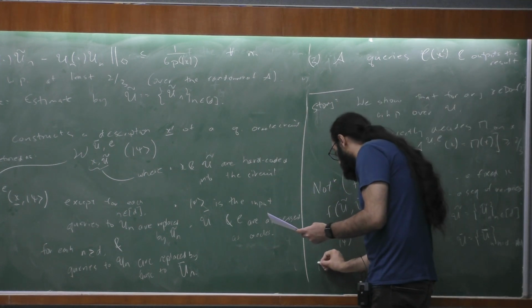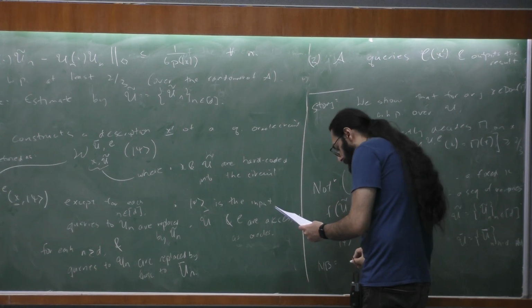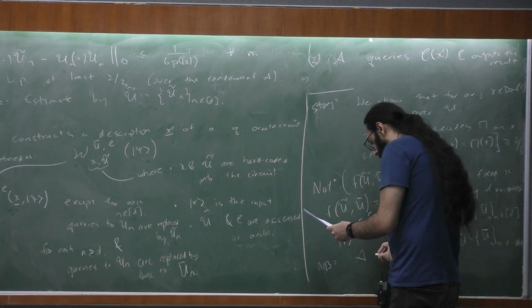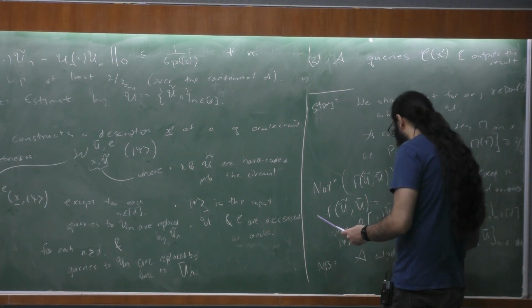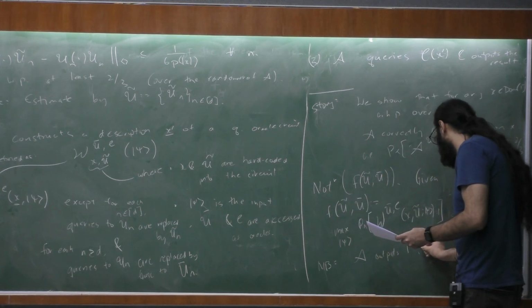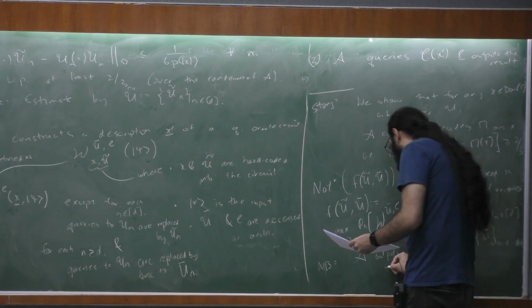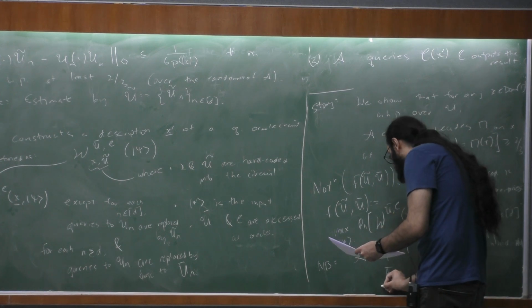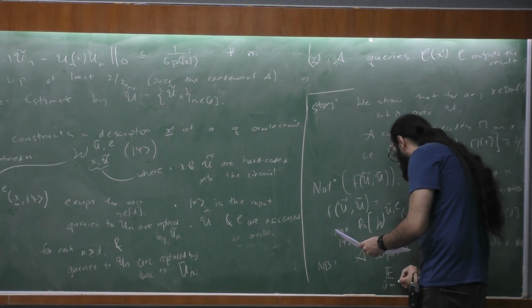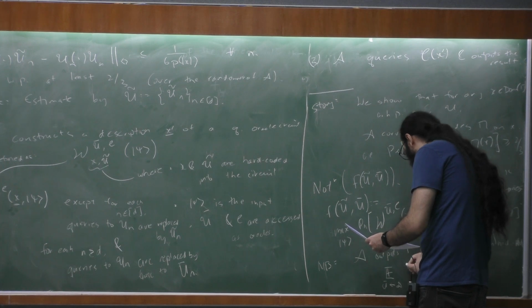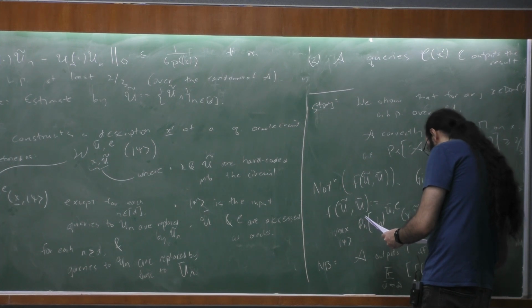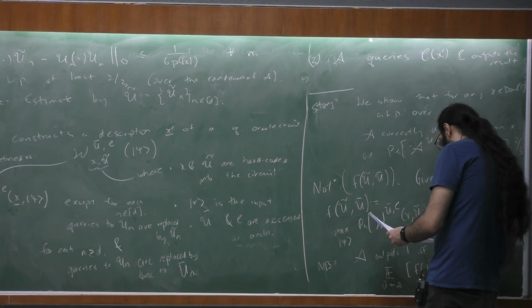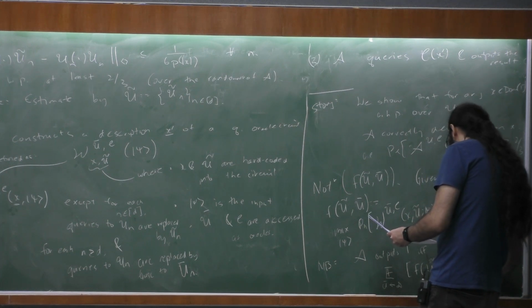And then also note that using the same notation, the algorithm A outputs 1 if and only if the expectation over u bar coming from D of f of u tilde, u bar is greater than half.